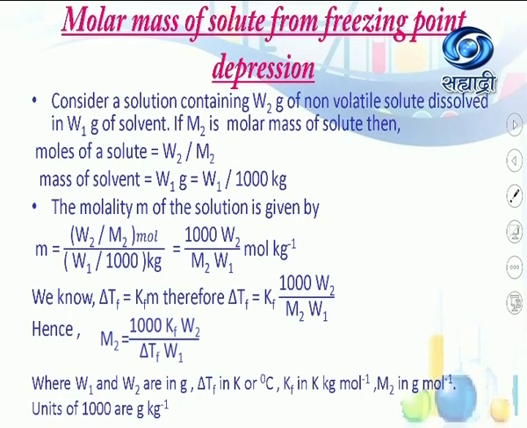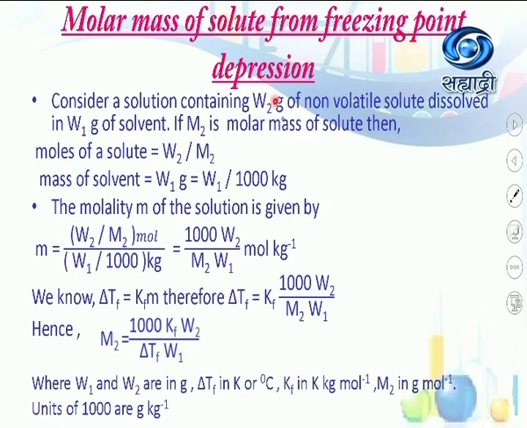Now, next point is the molar mass of a solute from freezing point depression. Let us consider a solution containing W2 gram of a non-volatile solute dissolved in W1 gram of a solvent. M2 is the molar mass of the solute. Then moles of a solute, what is the formula? Moles of a solute is equal to mass of a solute divided by molar mass of a solute.